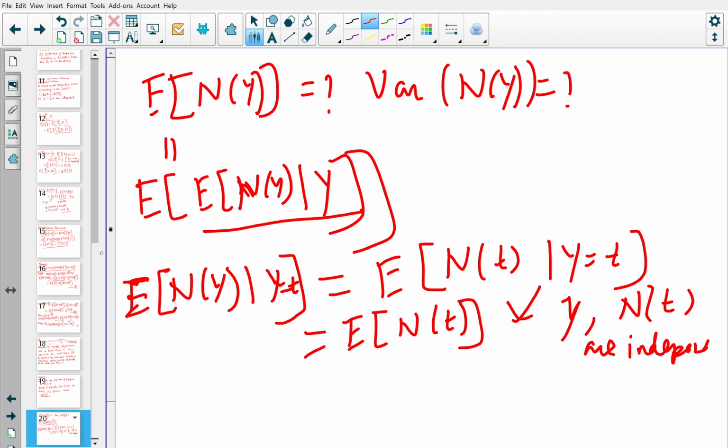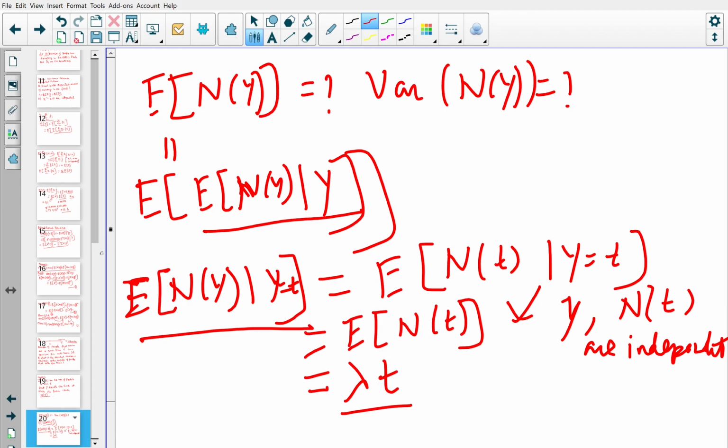Now we know what N(t) is. N(t) is the random variable whose expected value is already given, lambda t. So at each time t, this expected value is nothing but lambda t. That means when Y is taking value t, but this is a function of Y, right?